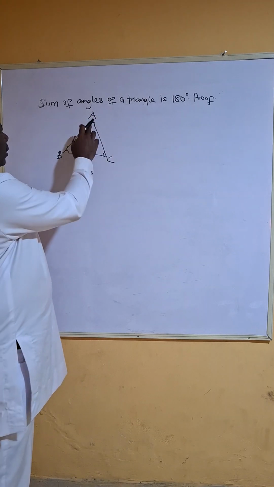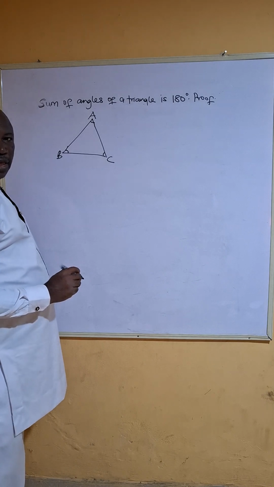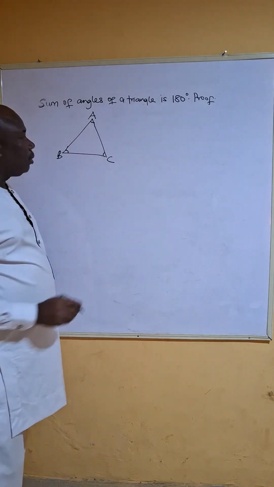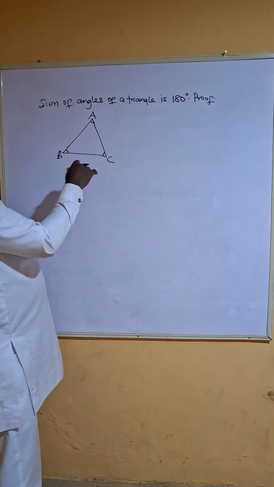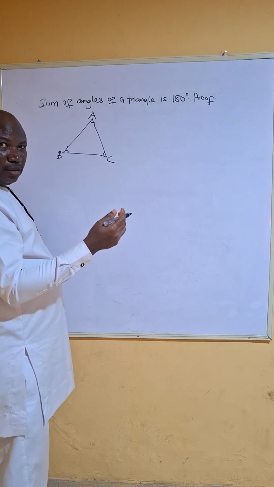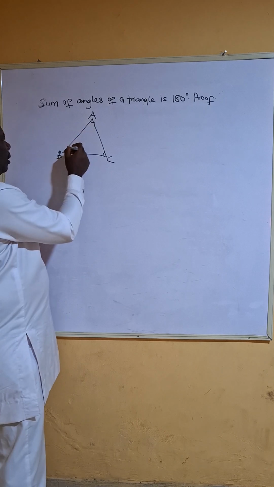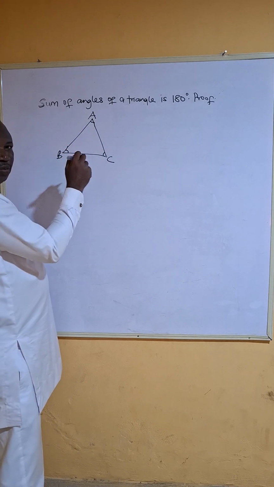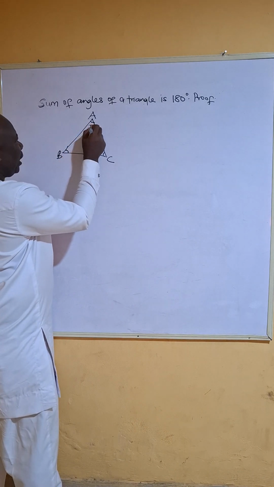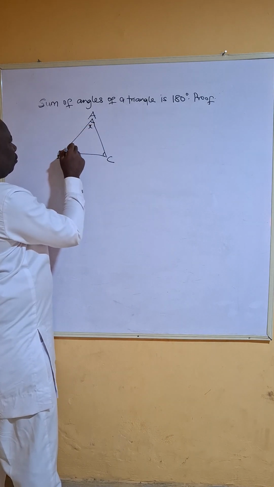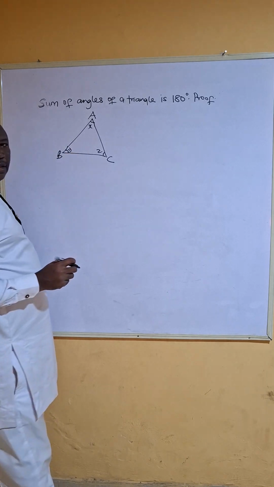Let's consider this angle, angle A. You can represent the angles with letters, but let it be small letters. So you can call these X, Y, and Z.